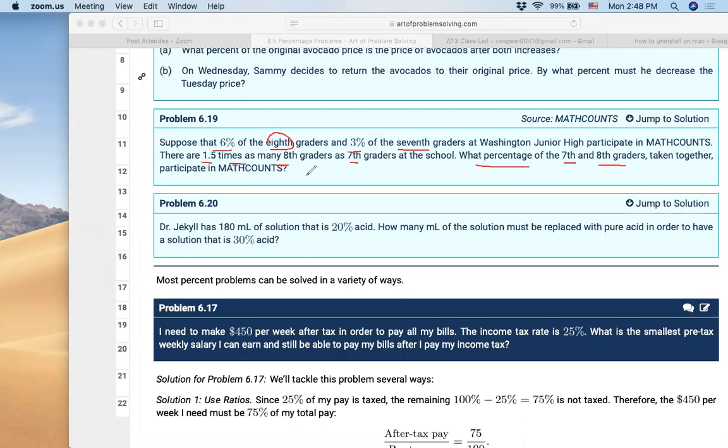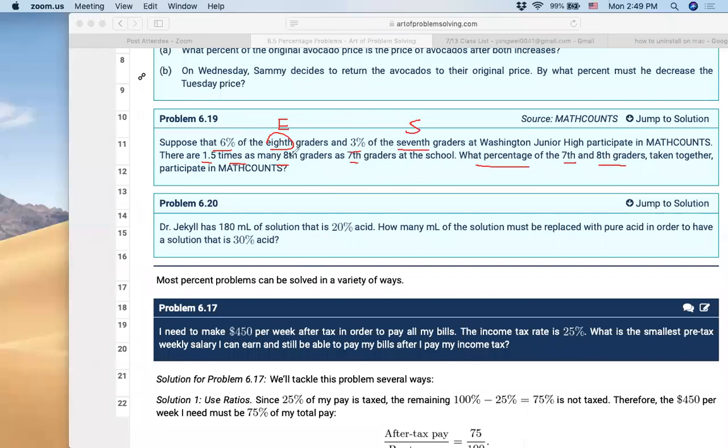Now let's use E to represent the number of students in 8th grade, and S to represent the number of 7th grade students in this school. What are they asking? The percent of the 7th and 8th graders who participated in Math Counts.